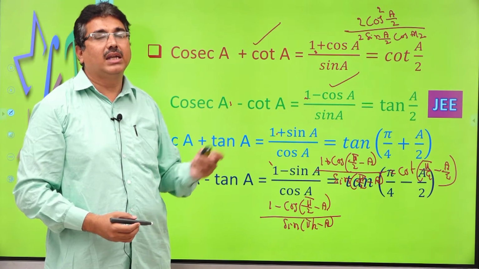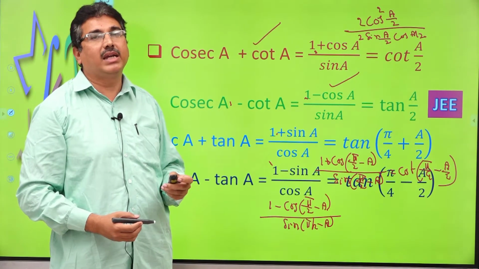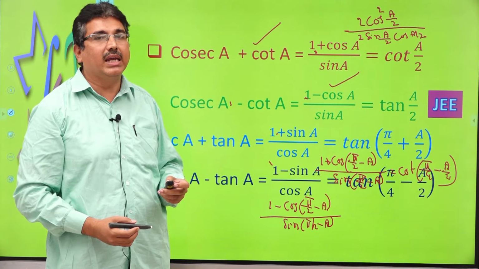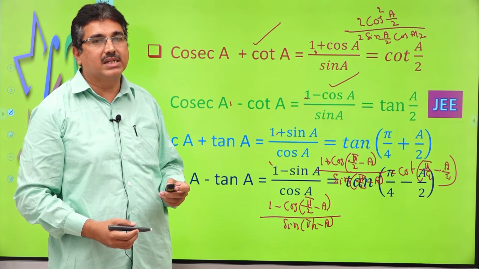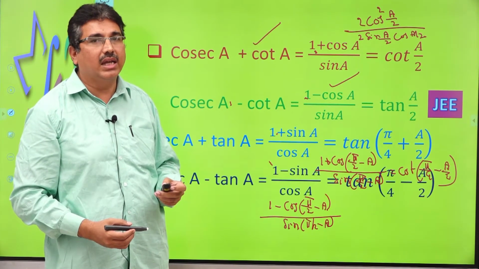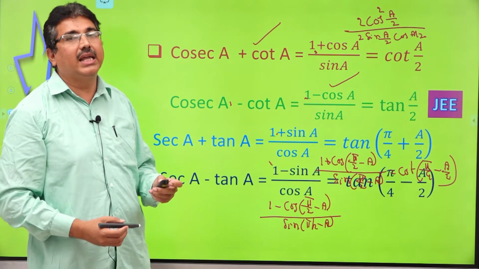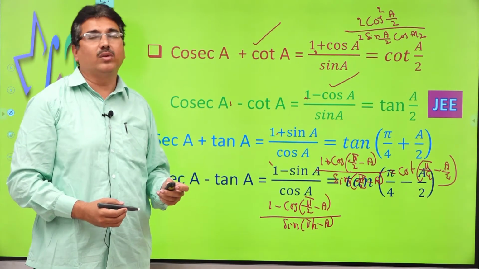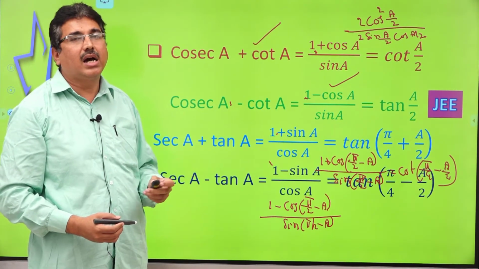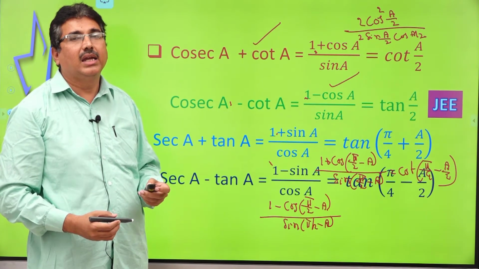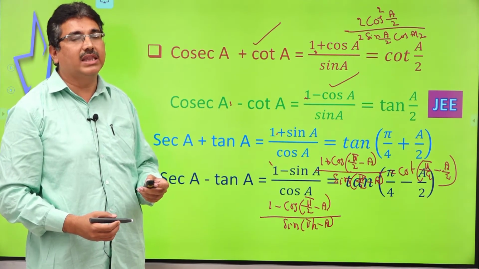Okay, in these formulas, replace angle A by A by 2. We get sin A, cos A, tan A in terms of A by 2. Sin A, cos A, tan A in terms of A by 3.